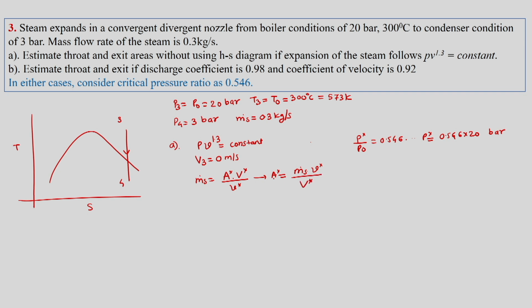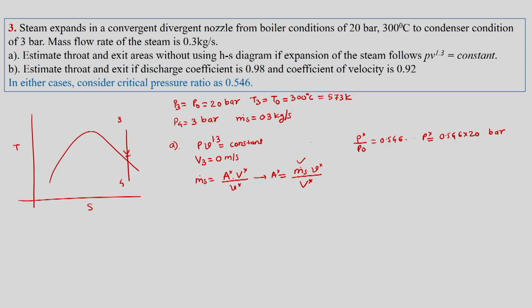Here A star is to be found out. The mass flow rate of the steam is given, and we need to find the specific volume and velocity at the throat. We have seen till now that we can use the formula velocity is equal to 44.72 into square root of enthalpy drop, but for that we have to find the enthalpy at the star condition.